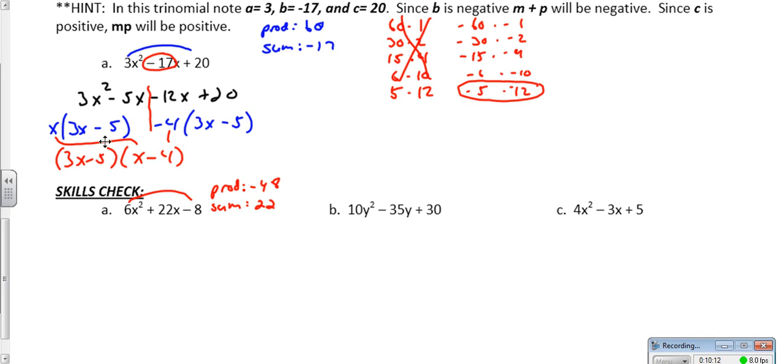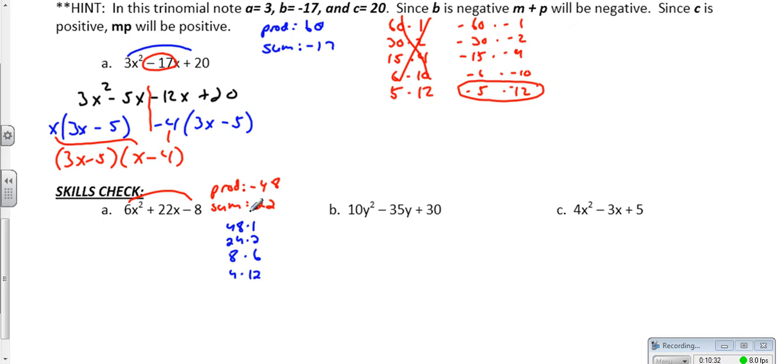Alright, this is a good question because we're going to look at factors of negative 48. So negative 48, I'm going to just go 48 times 1, 24 times 2, 8 times 6, and 4 times 12.